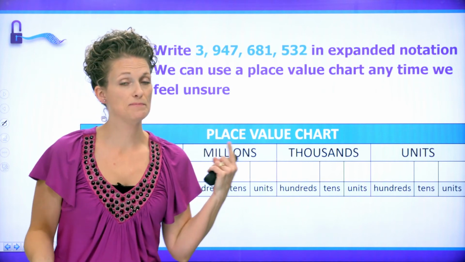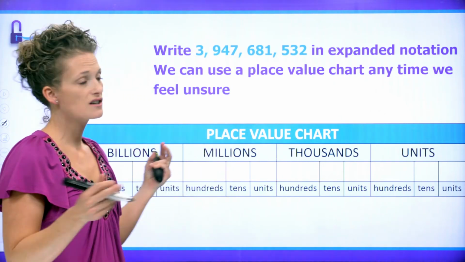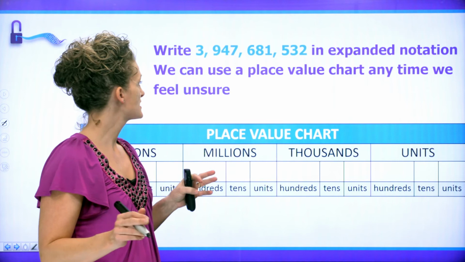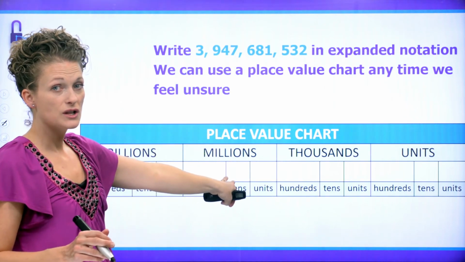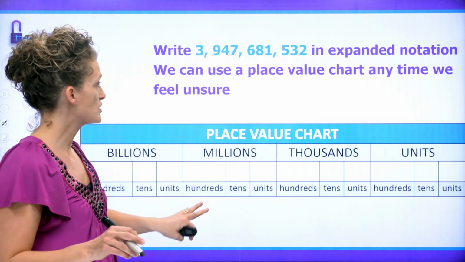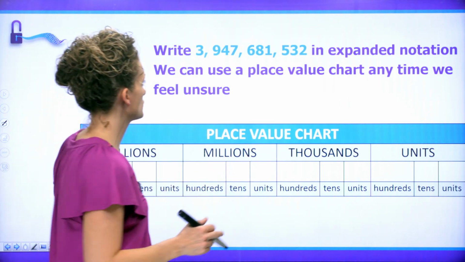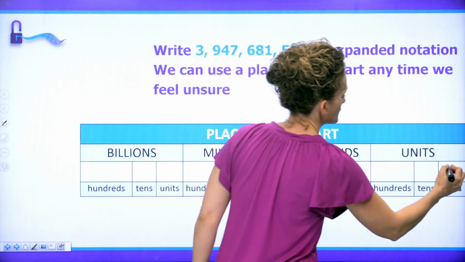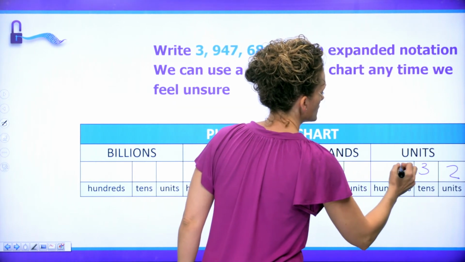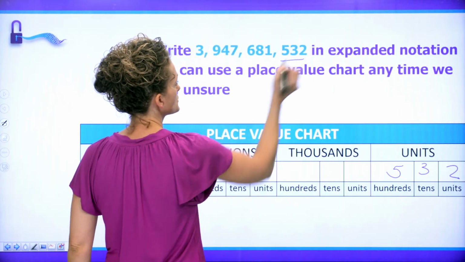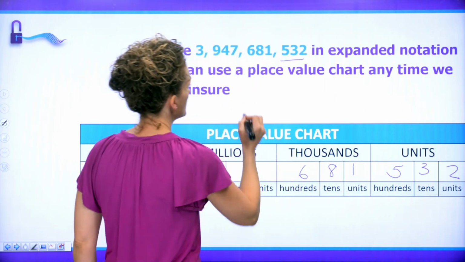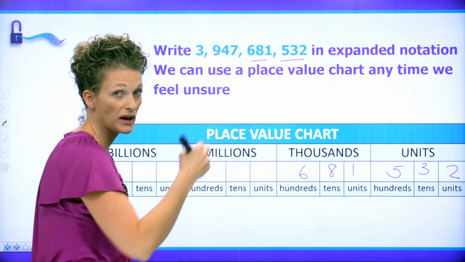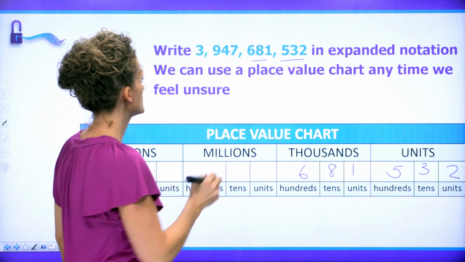Okay, so here we have this big number, and it's just there to try and scare you, but there's nothing scary about it. I'm going to go ahead and use the place value chart so that we can make sure we don't lose any of our digits or forget or scramble around it. I'm going to go ahead and I'm going to fill out 2, 3, 5. That's my first 3. Then 1, 8, 6. Again, you can cancel them out as you go, however you need to do it.